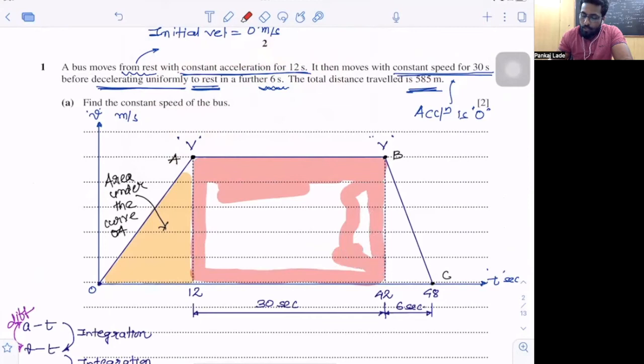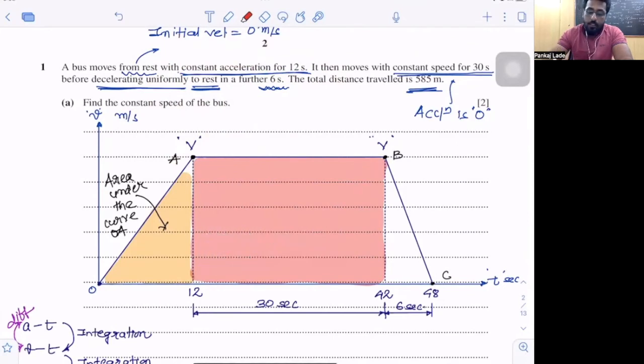So what kind of area can you see over here? What is this area? This area is nothing but what? It's a rectangle, isn't it, students? And you very well know how to find the area of rectangle, isn't it? So this is the area under which curve? Area under curve AB.